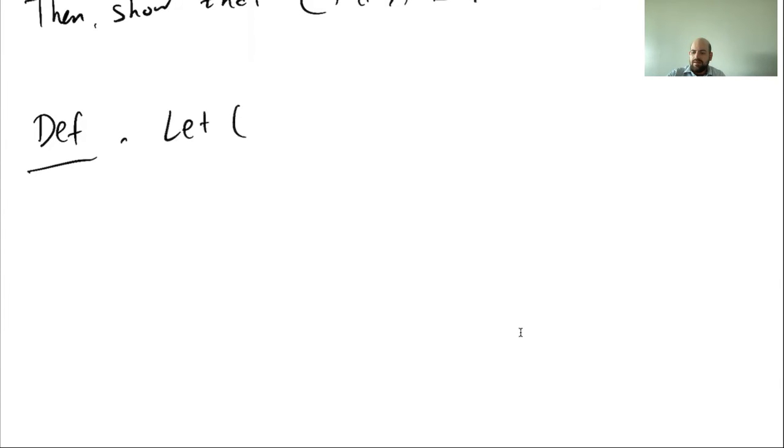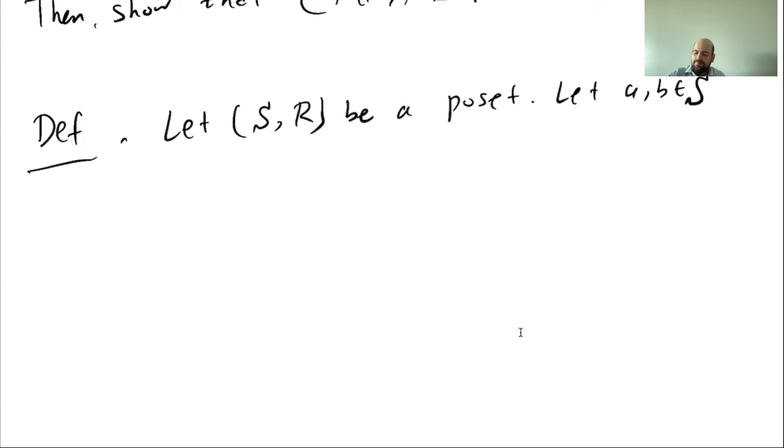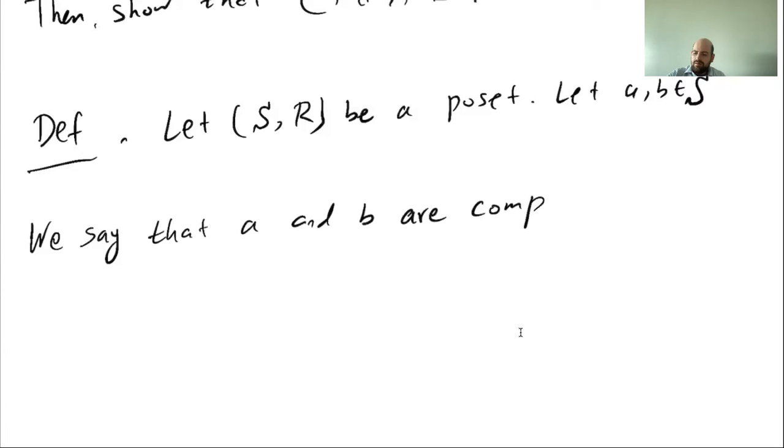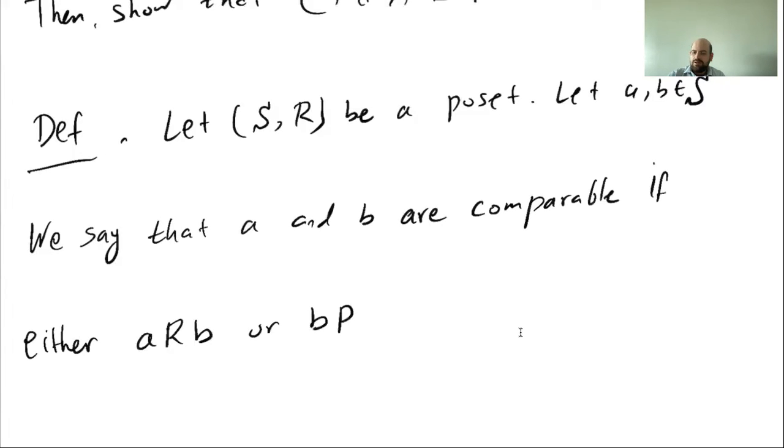Let S together with R be a poset, and let A and B be two elements in S. We say that A and B are comparable if either A is in relation with B or B is in relation with A.